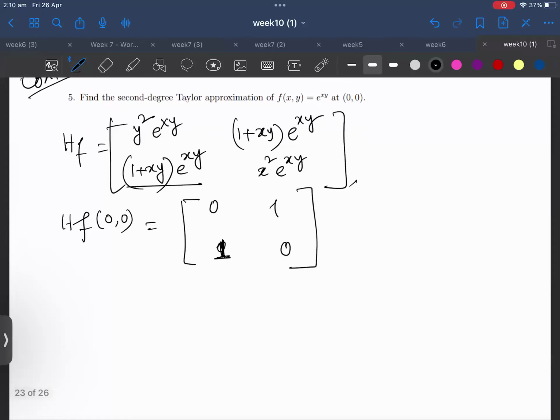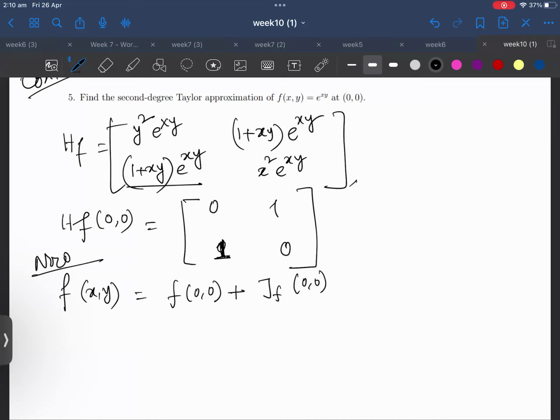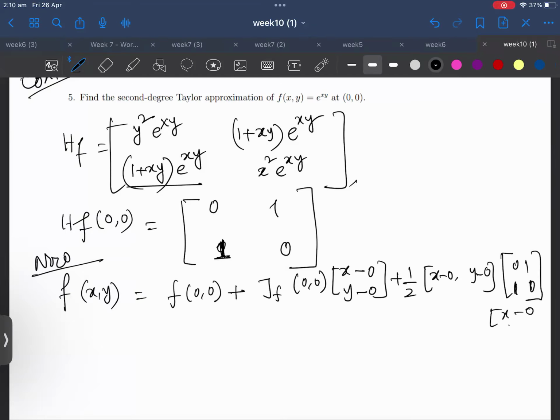Now we can write down the function f of xy. f of (0, 0) plus the Jacobian times (x minus 0, y minus 0), plus 1 over 2 times (x minus 0, y minus 0), the Hessian matrix (0, 1; 1, 0), and (x minus 0, y minus 0).